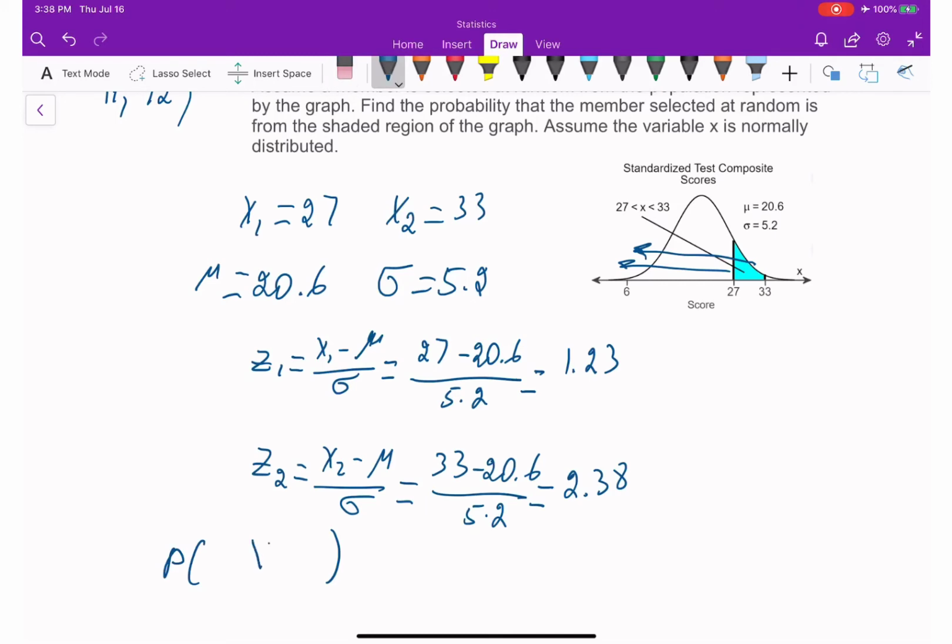So x that is greater than 27, less than 33, it's going to be equal. So probability of Z1 less, let me see, this doesn't look like 27. Hold on, let me redo it.